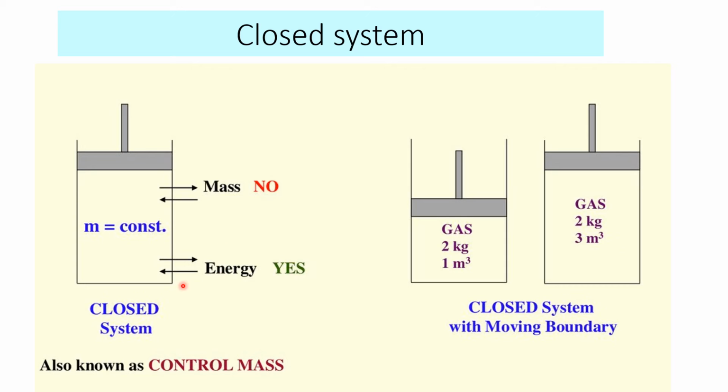But energy, in the form of heat or work, can cross the boundary of the system. Mass will be constant, but the volume of this closed system does not have to be fixed.